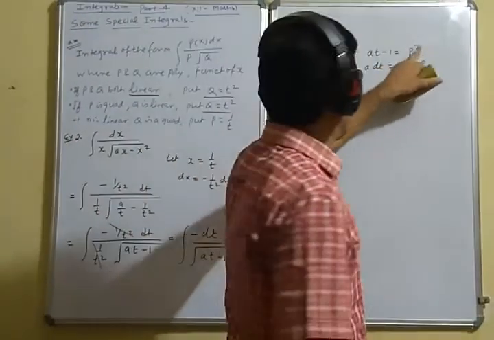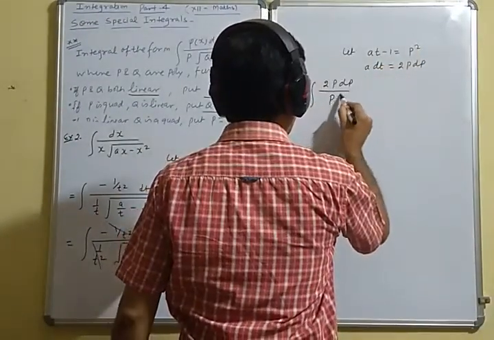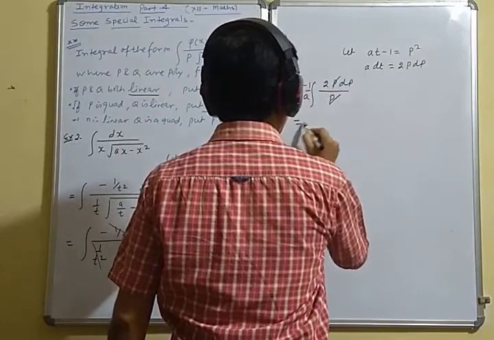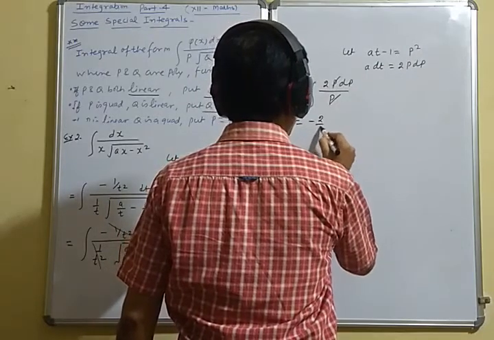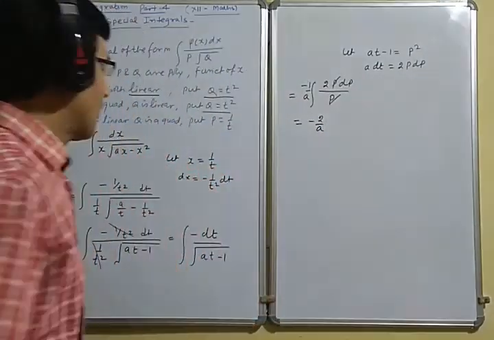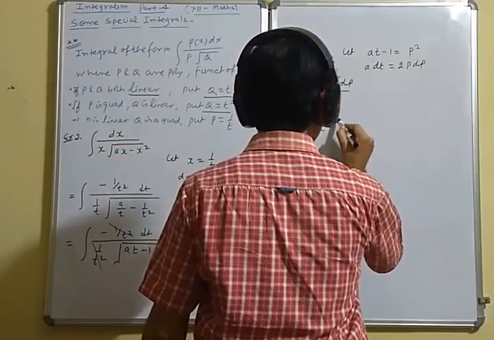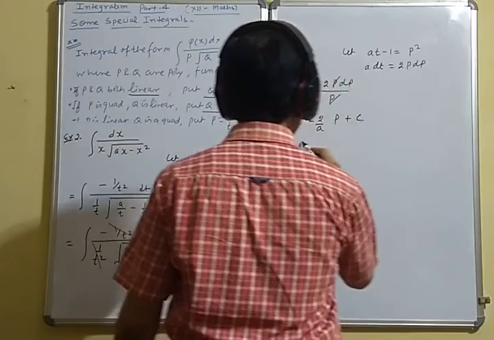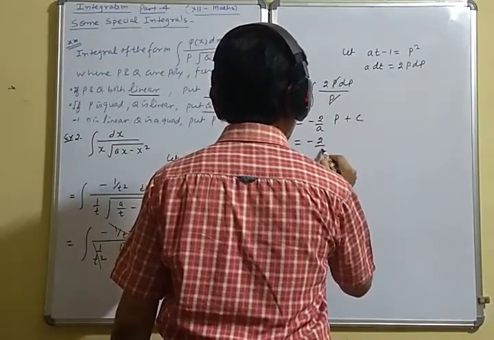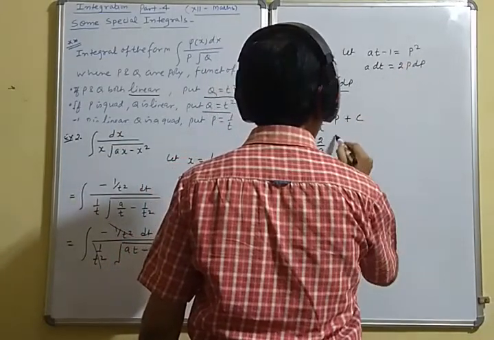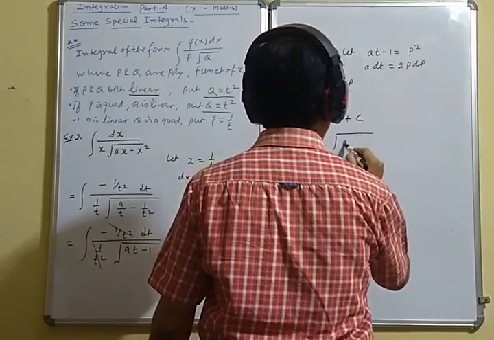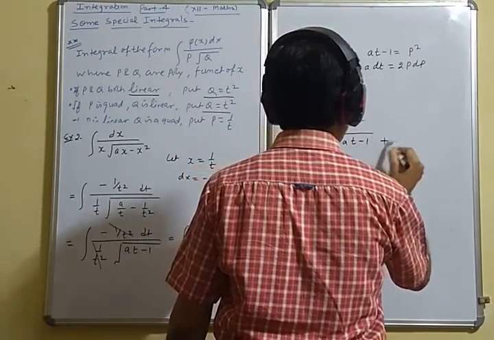Now at minus 1 is p square, so it becomes p, and p cancels out. So that is minus 2 upon a integration dp, which is p plus c. So it becomes minus 2 upon a times p, where p is equal to under root (at minus 1), plus c.